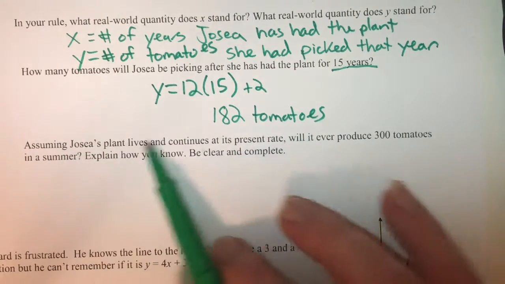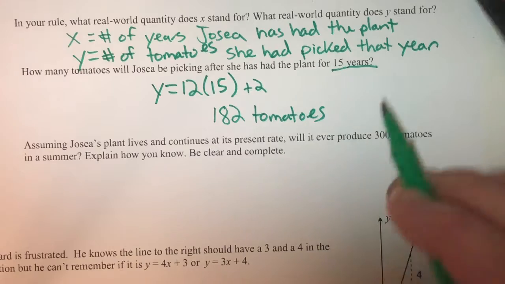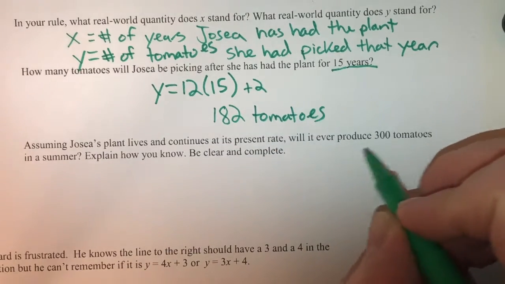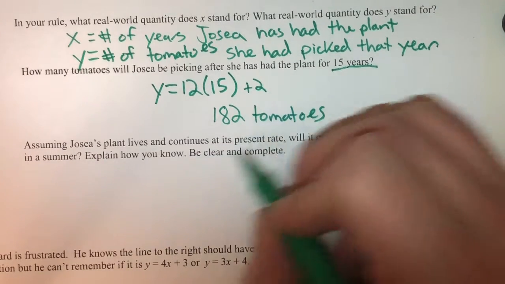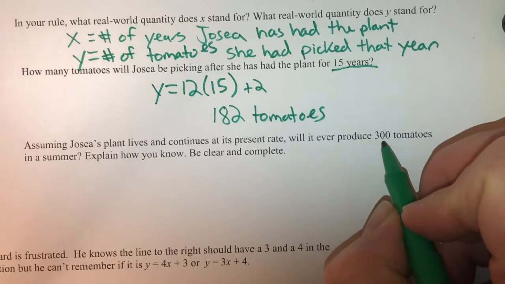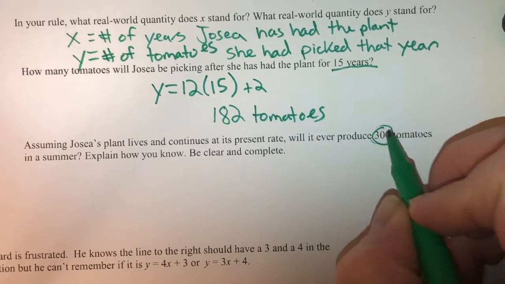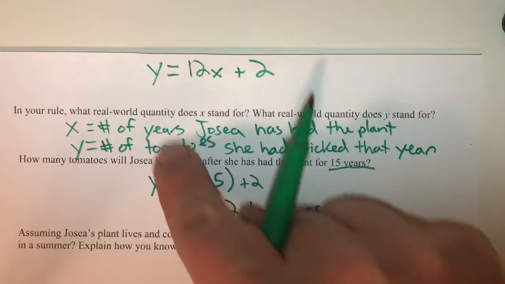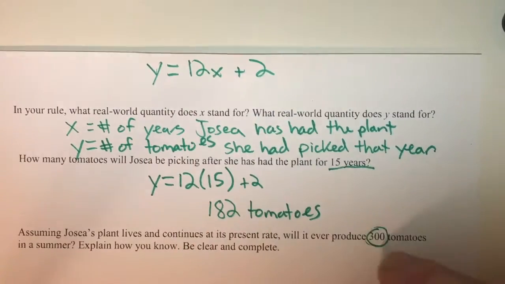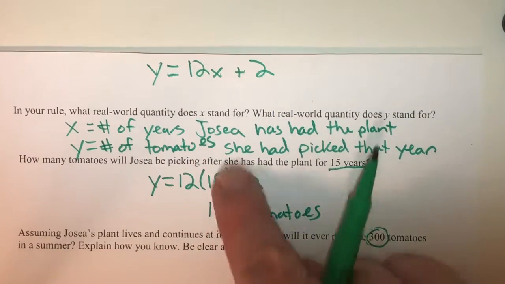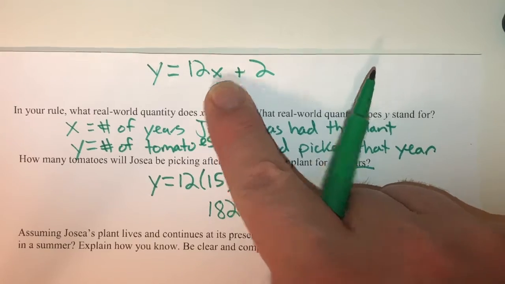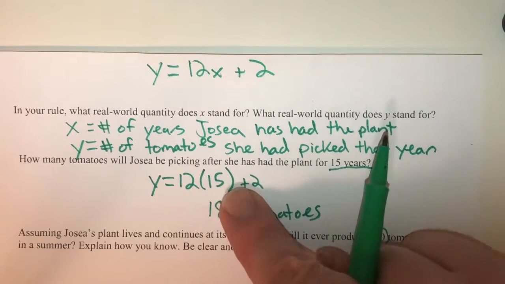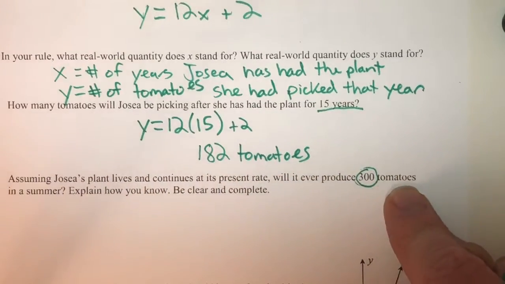Letter D, this time we're trying to figure out how much time. I told you we kind of reworded this in class, but we want to know how many years it takes to get to 300. So instead of putting this number, the 300, we have to decide whether to put it in for our Y or our X. Well, I already told you that X is our number of years, right? So we already used that one right here. So the 300 is 300 tomatoes.